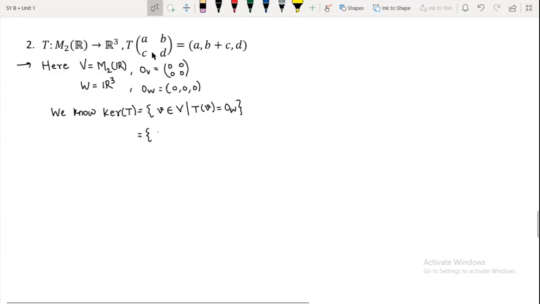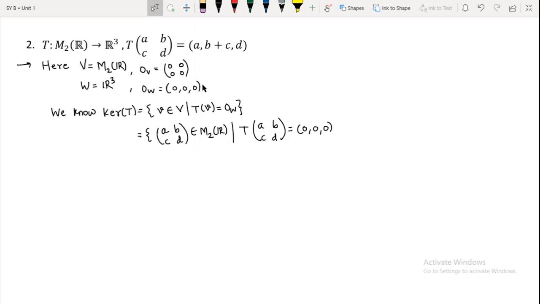So it is a collection of A, B, C, D belonging to M2 of R, that is our V, such that T of this is the notation that you have used for small v. So the same thing will appear here. So T of A, B, C, D is equal to, and what is your 0 of W? That is 0, 0, 0.